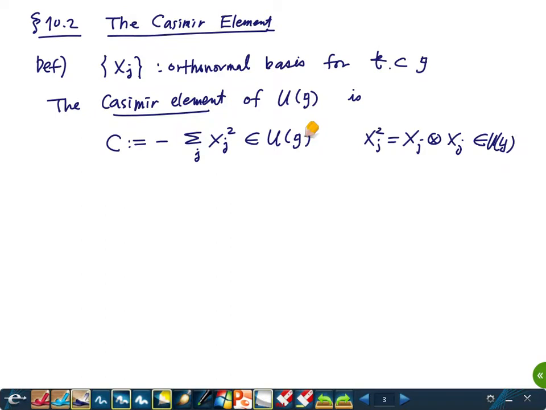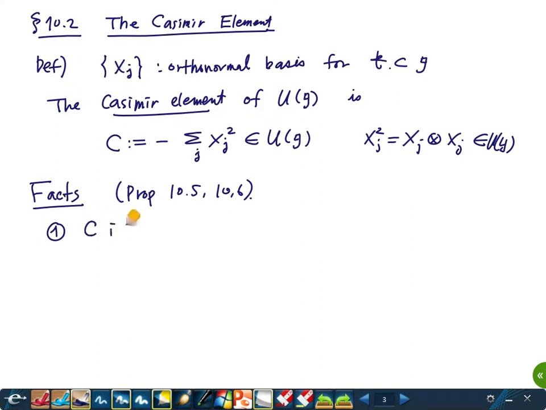So this is just a definition, but the interesting thing about this is that we have this fact. It's written in the textbook, in two propositions. First, we define this element by using this orthonormal basis, but the fact is, it is independent of the choice.